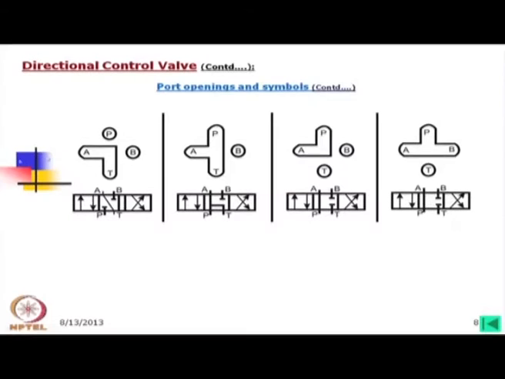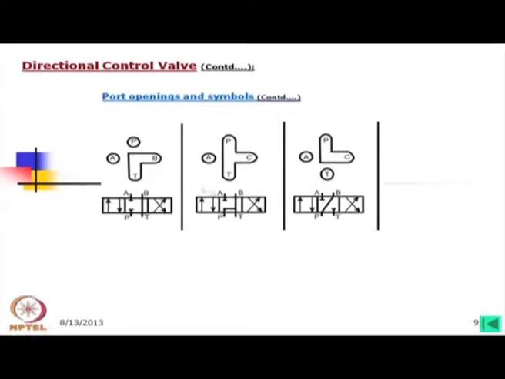Still, depending on the application we can go for any one of these valves. Now, the last ones you can study on your own: here B to T is connected, here P, C, T are connected, and here P to B is connected.